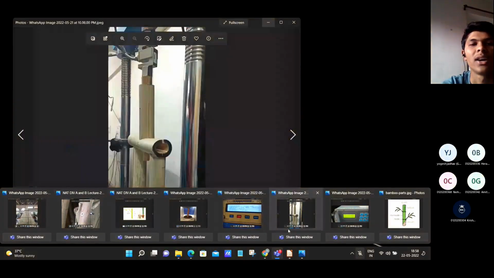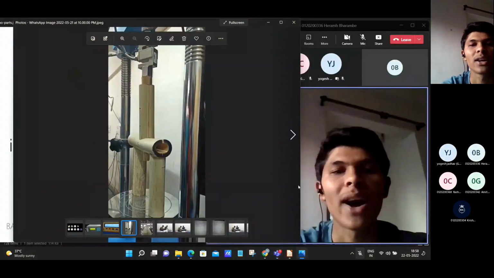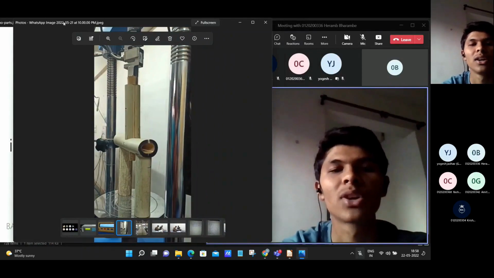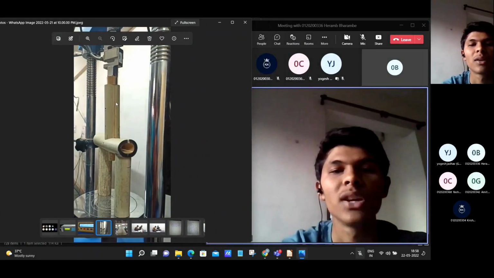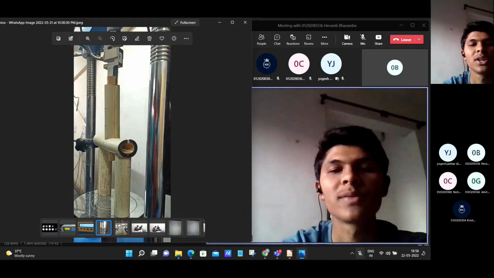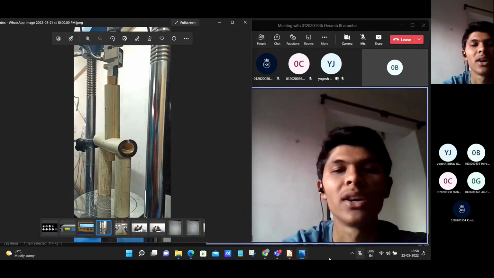Let's see all the aspects related to bamboo. Bamboo is so cost effective that we can use it in any way where cost matters.